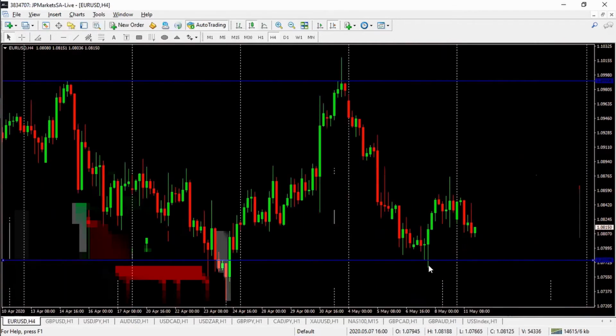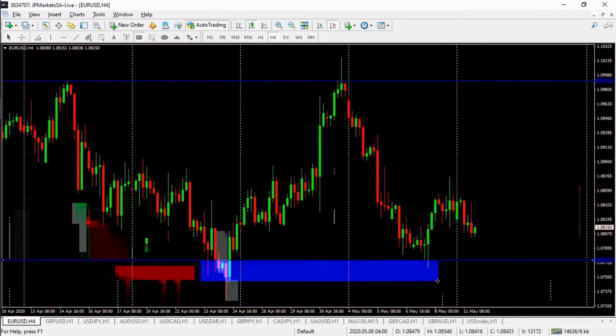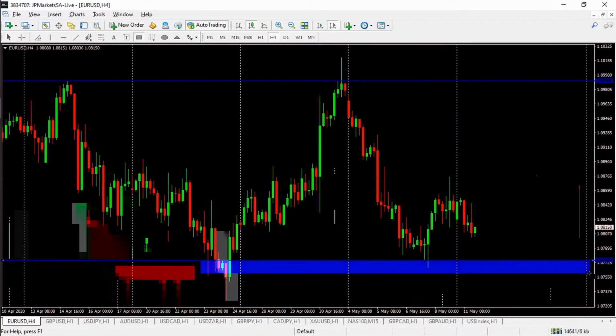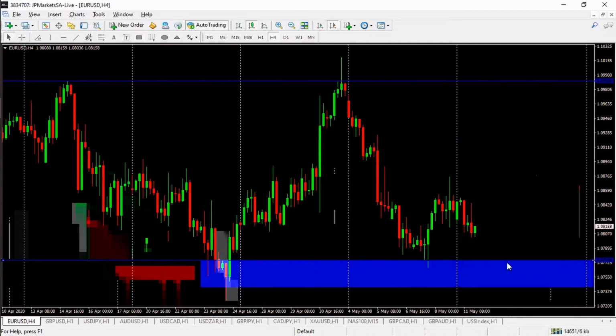Now again, it's on that same level. Now it might just come, and this whole thing can include this structure, and then it can be a whole zone that the market can come and retest, which I think might happen.